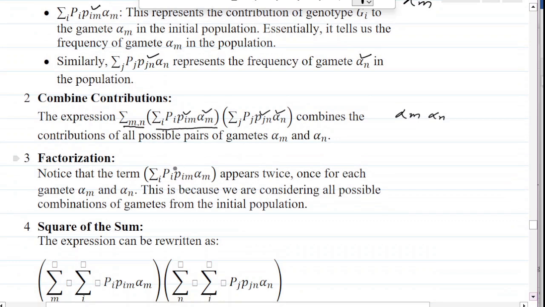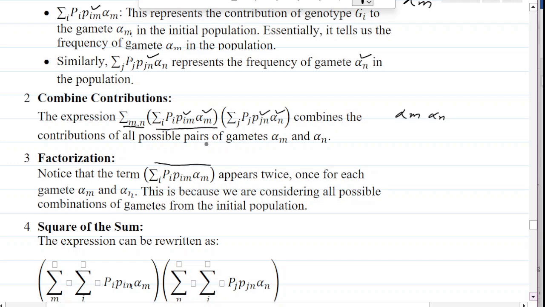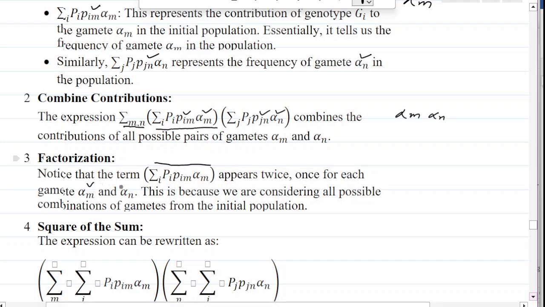You will notice that this term appears twice, once for each gamete alpha m and alpha n. This is because we are considering all possible combinations of gametes from the initial population. So this sum over m and n is distributed over these two terms like this.